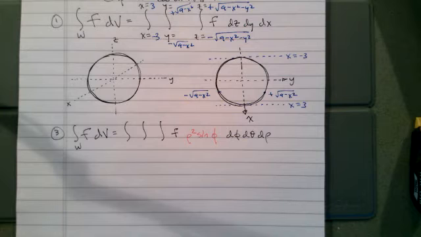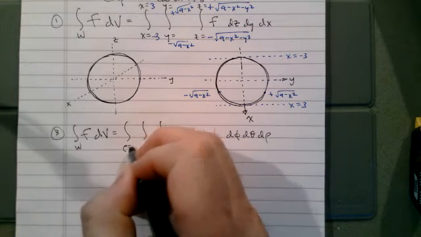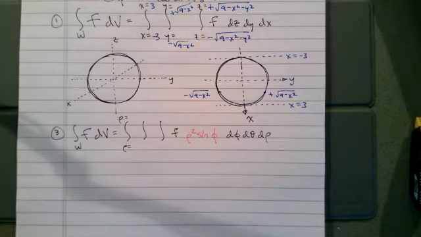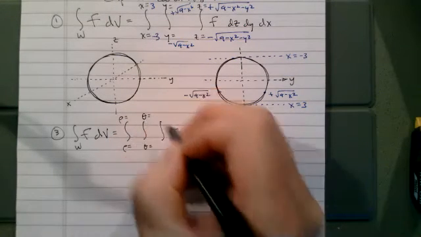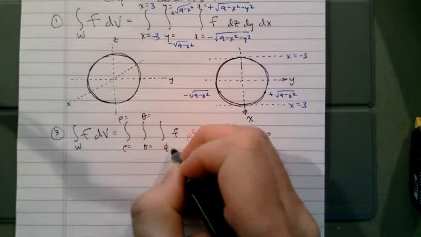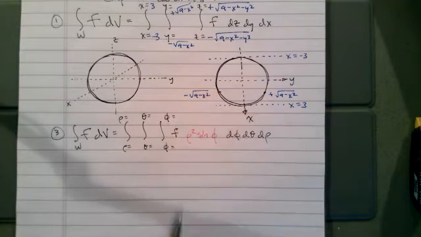So the way I set it up here, I need to integrate rho between two values, theta between two values, and phi between two values. I want to capture the whole sphere.